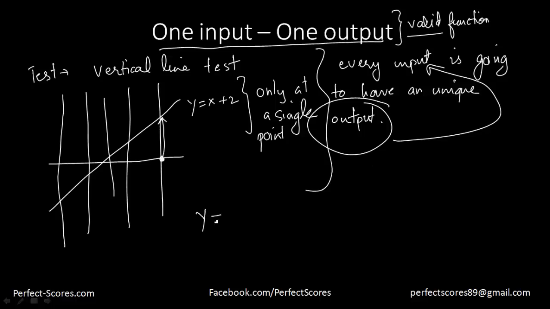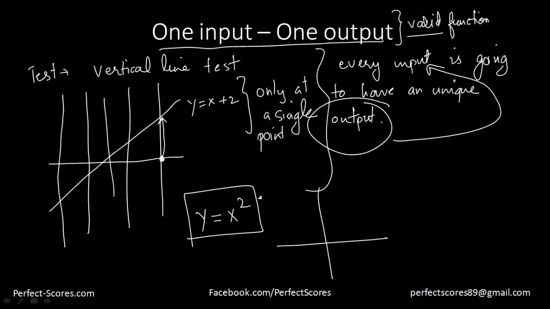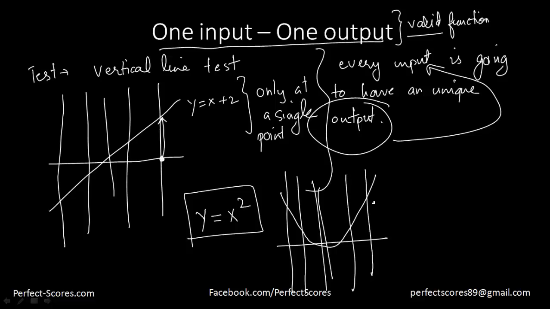Because let's suppose I start with a function y is equal to x square. So y is equal to x square looks something like this. As you can see, this is a valid function, it passes the vertical line test. However, this output 4, let's say y is equal to 4, can be equal to 2 square, and also can be equal to negative 2 square.